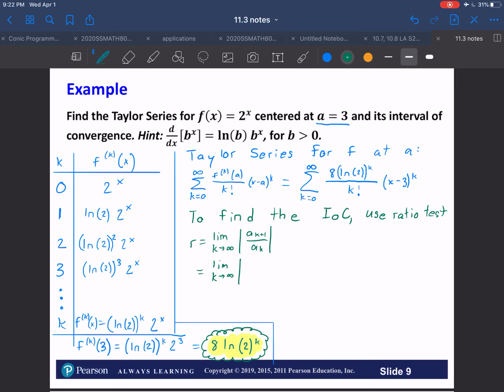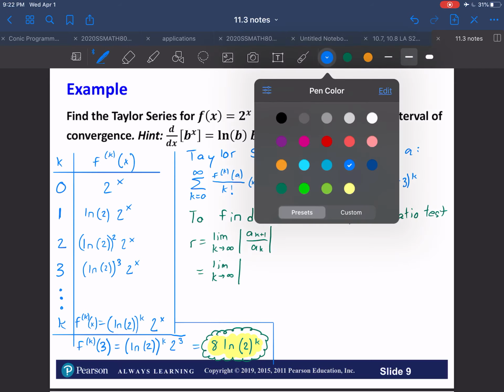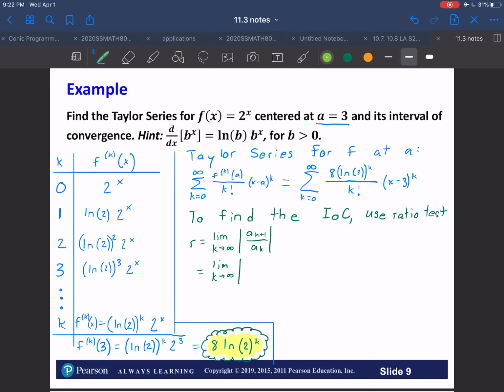a_{k+1} is going to, so first of all note that this whole thing here is your a_k, and so a_{k+1}, hopefully you understand the idea, is that instead of a k, we write k plus 1.